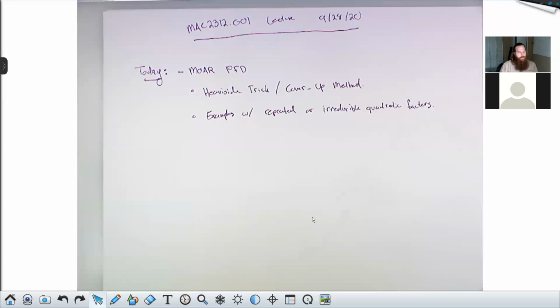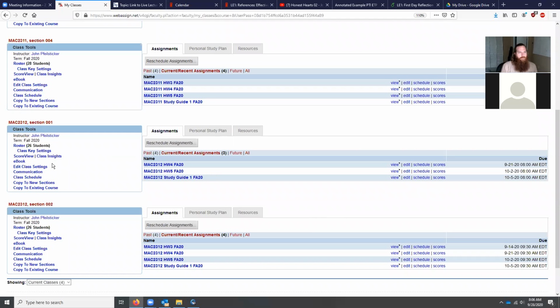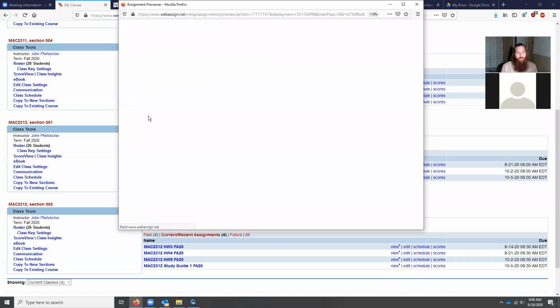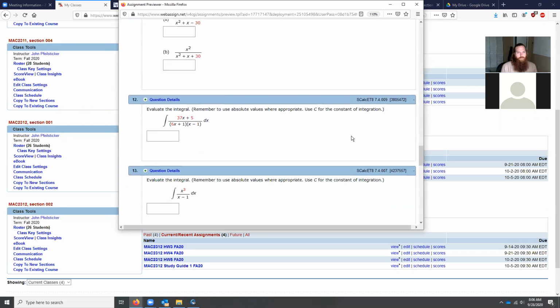Let's talk about the Heaviside trick and the cover-up method a little bit, and then we can play with some examples. Really, we should do both at once, because the best way to introduce the Heaviside method is to show you why it works so well with an example. So maybe I'll grab one or two problems from your homework. Normally, I would ask you to tell me what problems you would like to do, but for these purposes, I want to have a little more control.